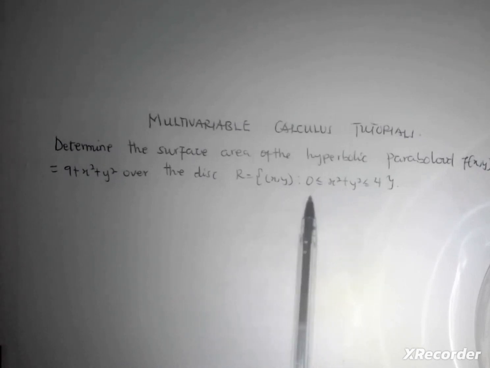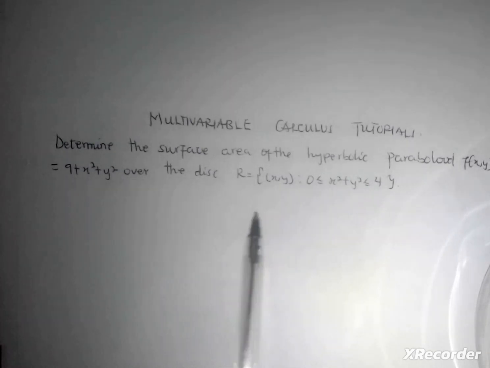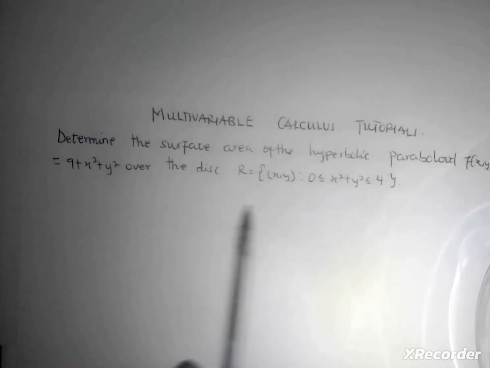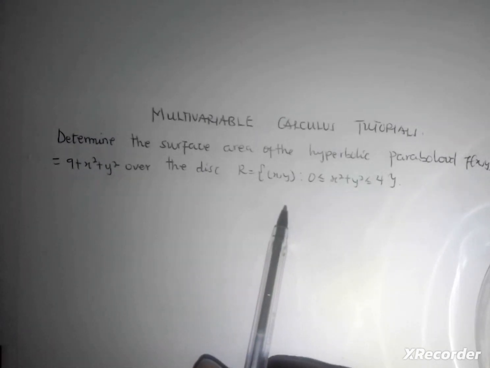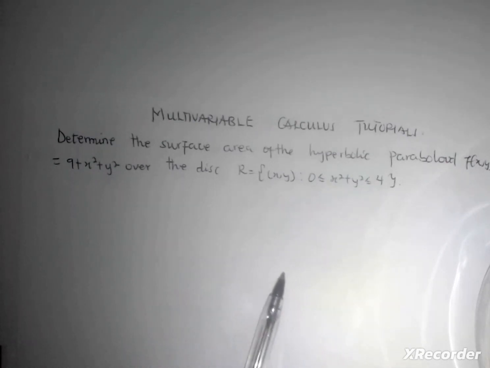Given the surface and the region, we will compute this using polar coordinates. You can't use Cartesian to compute this. So this is an application of polar coordinates to compute the surface area of a quadric surface. Let's see how we're going to do that.